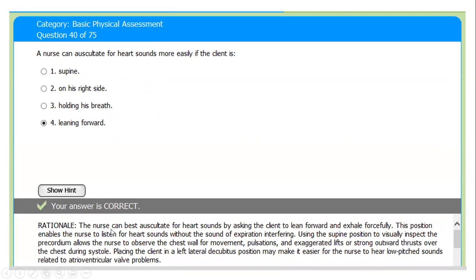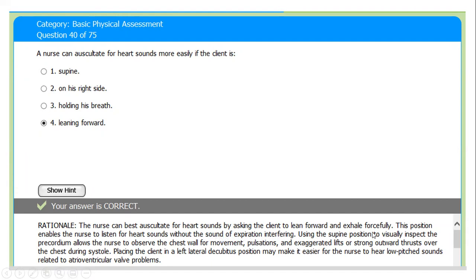The nurse can best auscultate heart sounds by asking the client to lean forward and also exhale forcefully. This position enables the nurse to listen for heart sounds without the sound of respirations interfering.